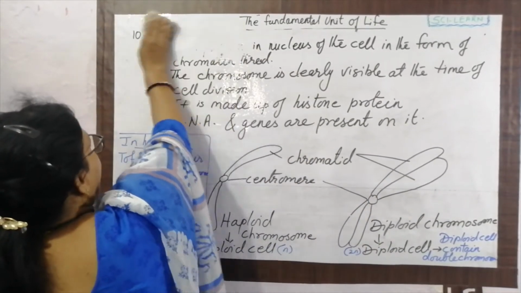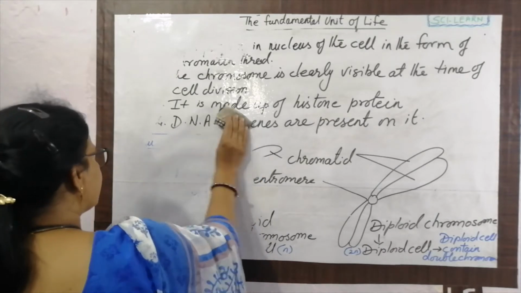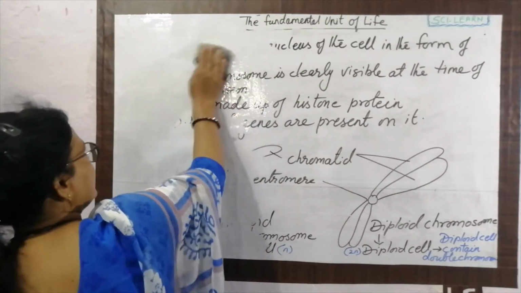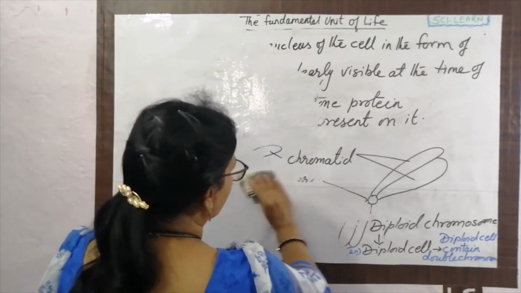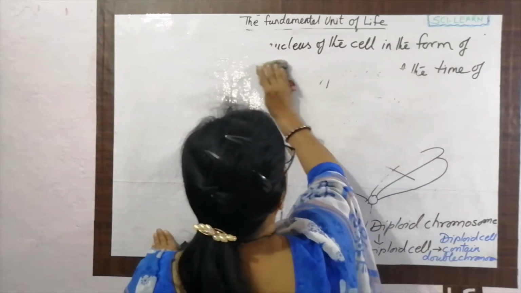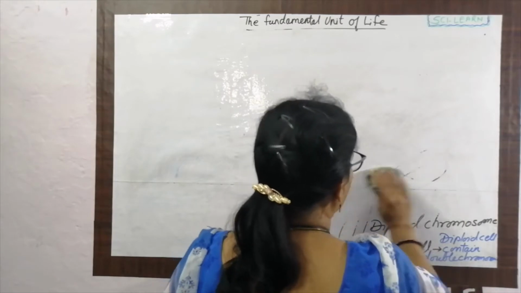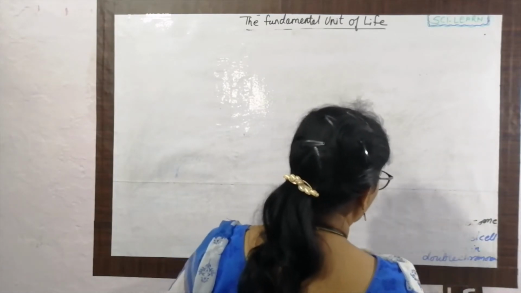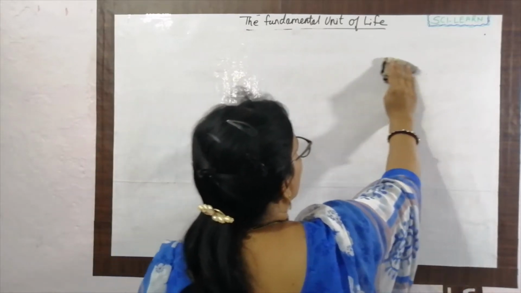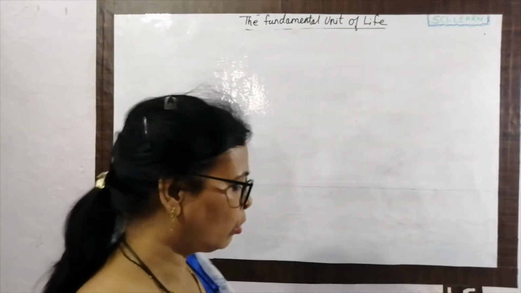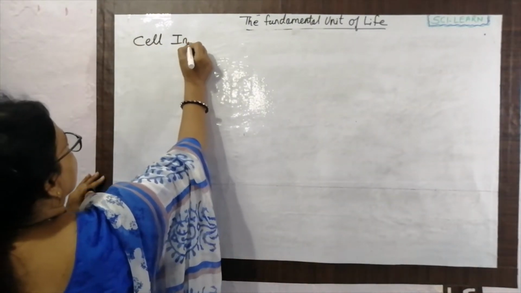To complete this topic, in the cell, various other substances are also present. These are not notified separately because they do not have a good structure or definition. But they are an important part of the cell. We are unable to neglect them. We have to know about that. All these substances combined we call cell inclusion.